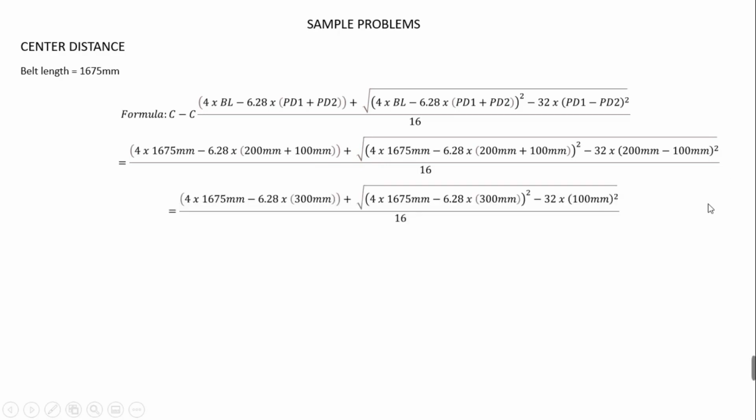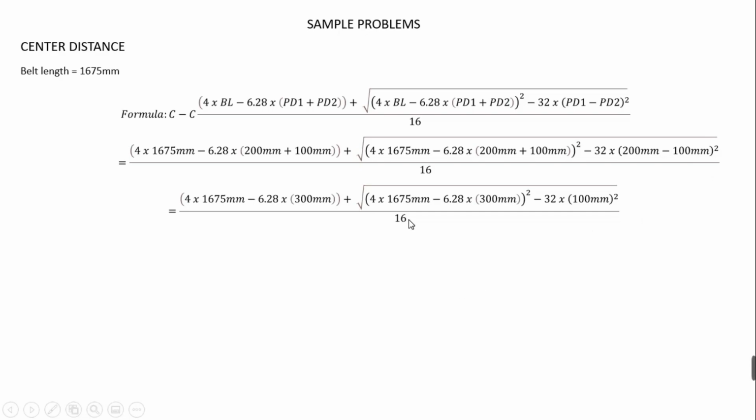To simplify this, we will get 4 times 1675 millimeters minus 6.28 times the sum of this one, which is equal to 300 millimeters, plus the square root of 4 times 1675 millimeters minus 6.28 times the sum of this, which is also equal to 300 millimeters, squared, minus 32 times 100 millimeters squared, which is the difference of this, over 16.